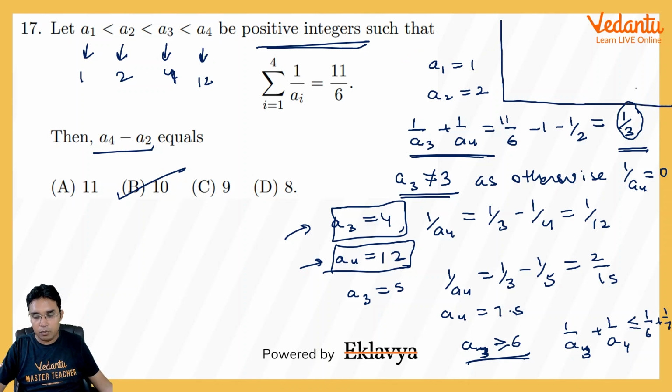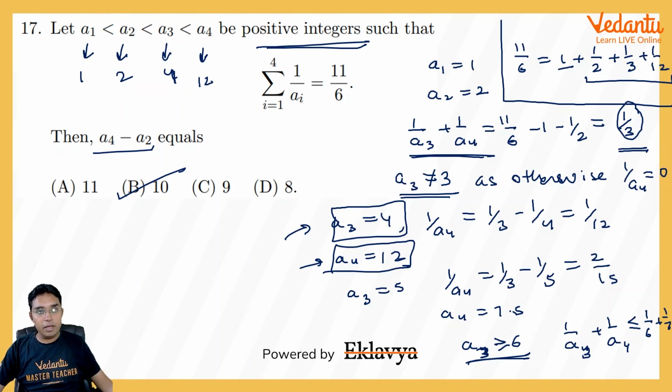Please see how. Can you see that 11 by 6 is 1 plus 5 by 6, which I can write as 1 by 2, 1 by 3 and 1 by 12? By doing some hit and trial, it can be seen that 11 by 6 is equal to 1 plus 5 by 6. 5 by 6 further can be broken down into 1 by 2 plus 1 by 3 plus 1 by 12.